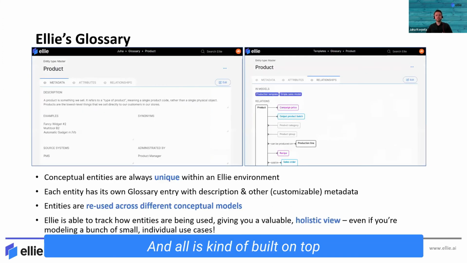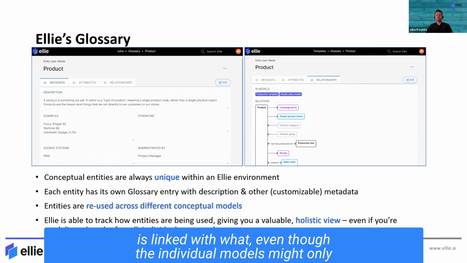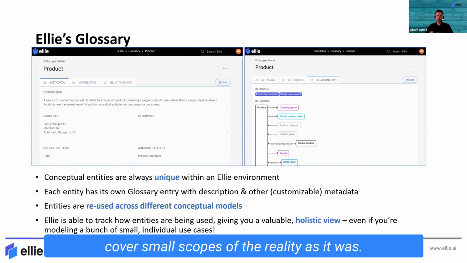And all is built on top of this idea that the glossary unifies everything. Every conceptual entity you create is unique. There's just one customer entity. If you have something else that is called a prospect, then you define another entity, and these are reused across all the models. This gives you a holistic view of what is linked with what, even though the individual models might only cover small scopes of reality.